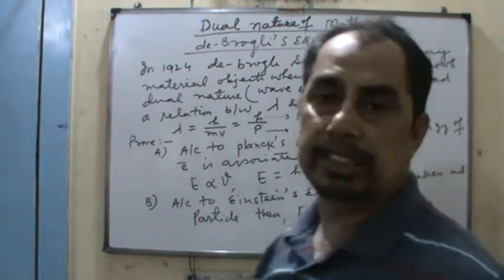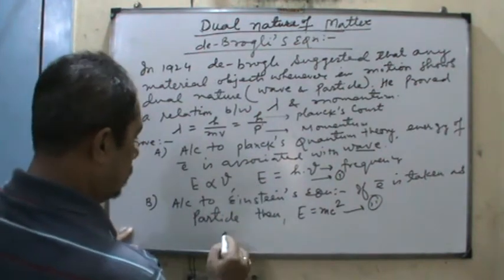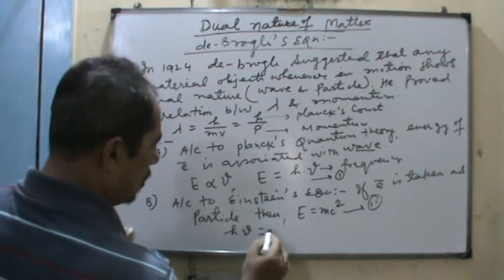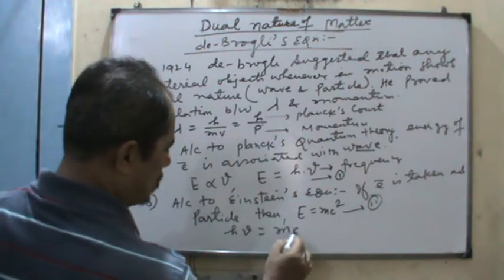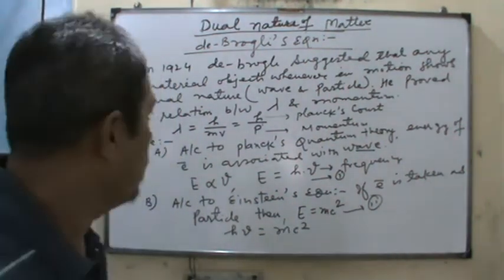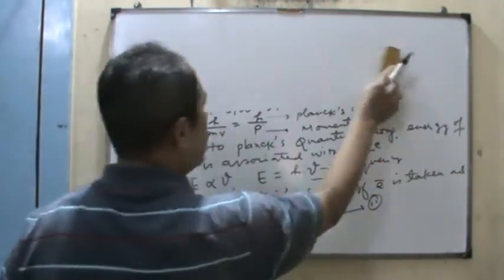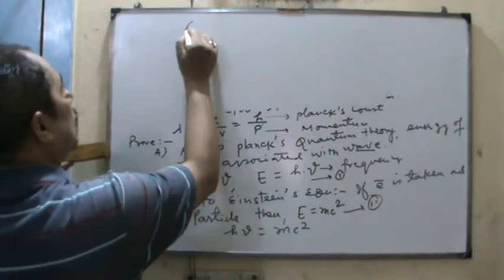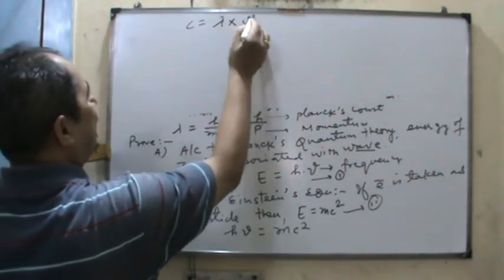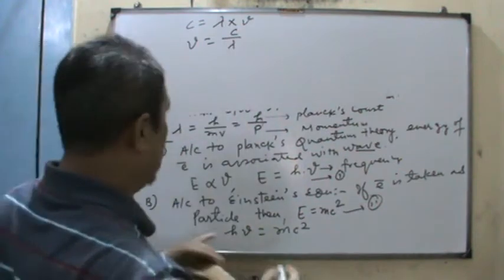From equation 1 and 2, E and E cancel out. H nu is equal to mc square, and we know that c is equal to wavelength into frequency, or nu is equal to c over lambda.